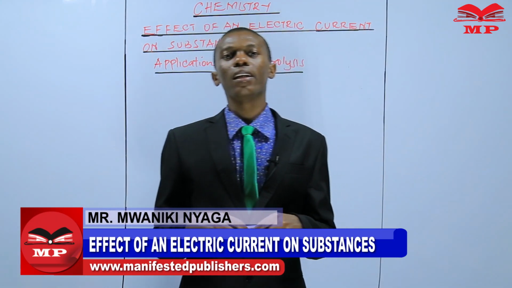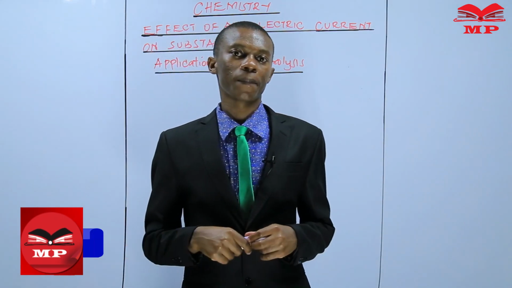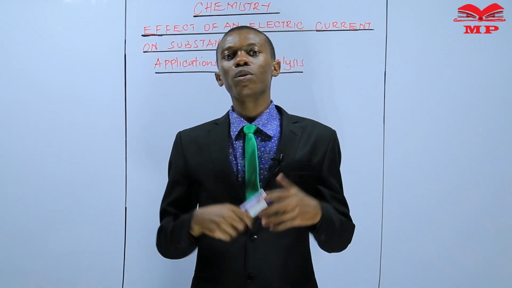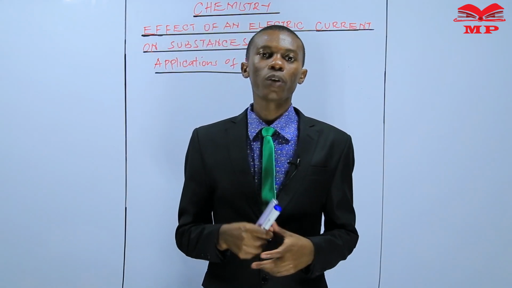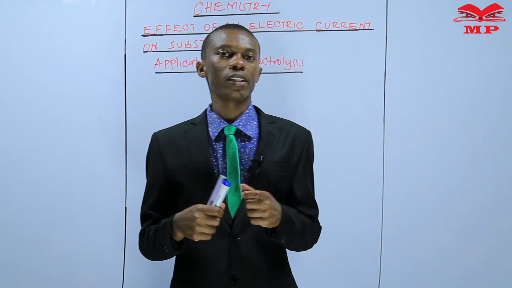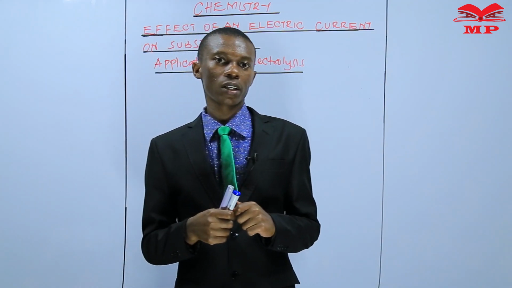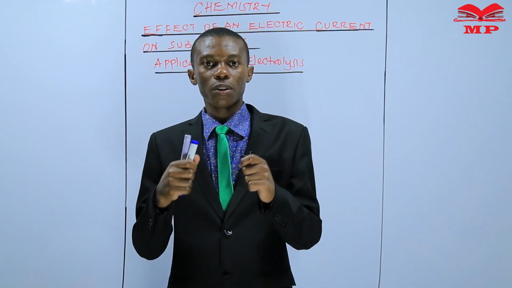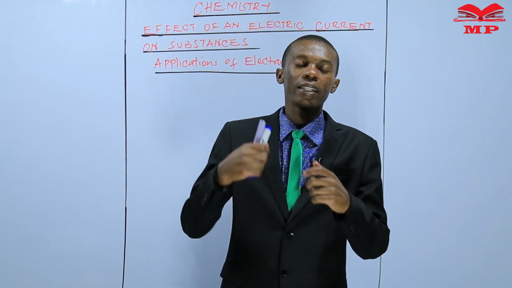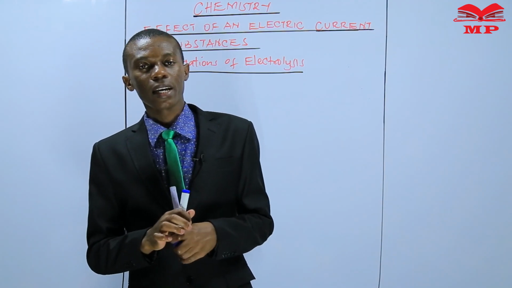The topic is still effect of an electric current on substances. If you remember in the previous lesson, we were discussing electrolysis, and we said that electrolysis is a process of passing an electric current through a substance and it gets decomposed by the electric current.